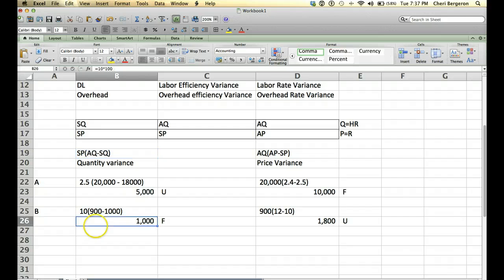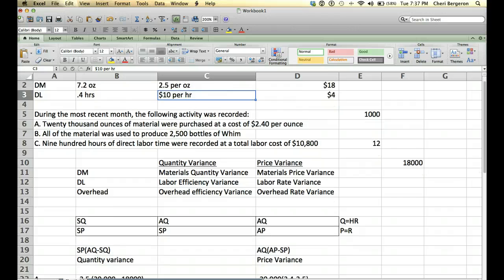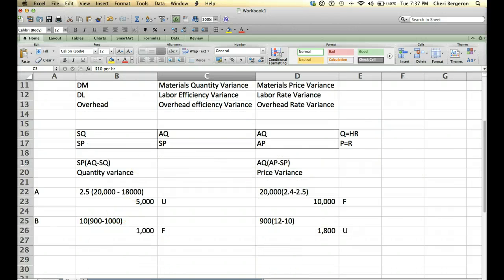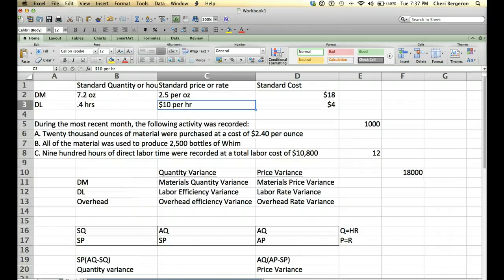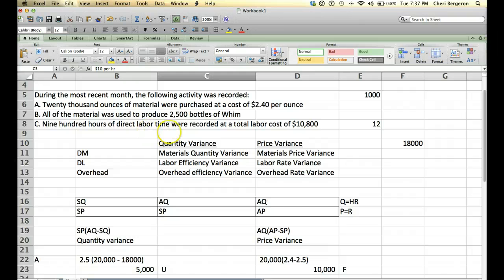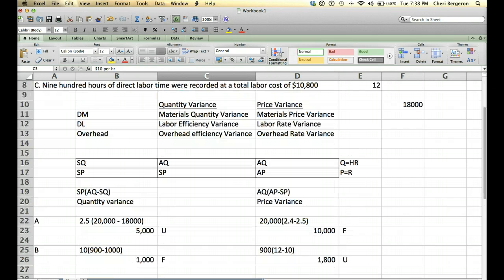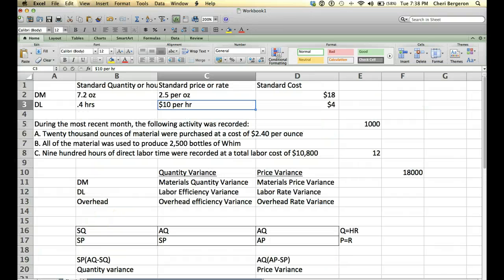And so when we look for our standard rate, it's going to be 10. If we look up here for standard rate for direct labor, it's $10 per hour. And then we're looking for our actual hours, and our actual hours are going to be 900, given right here. 900 hours of direct labor time are recorded. And then minus 1,000 is going to be our standard quantity.